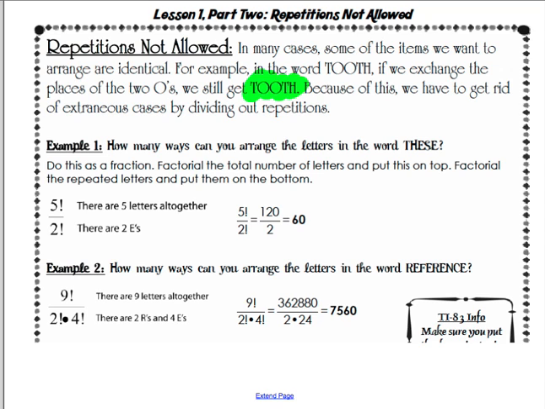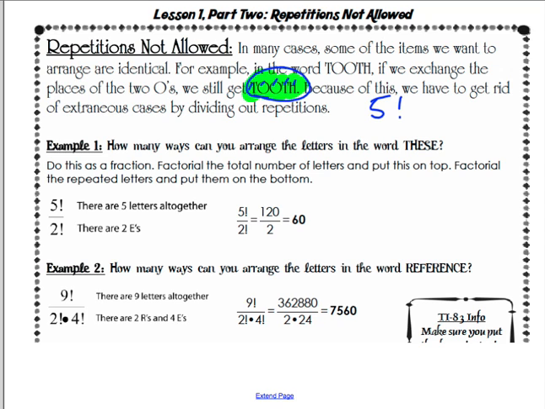So if I want to figure out how many different ways I could represent those letters in a combination of 5 different letters using T, O, O, T, H, I'd have to consider that there are 5 factorial ways those letters can be rearranged.